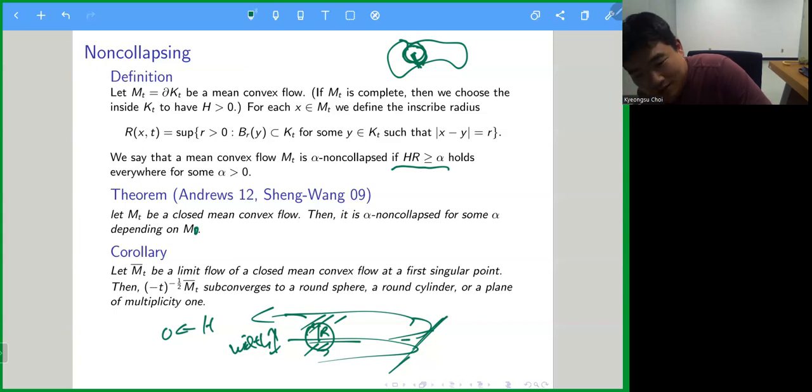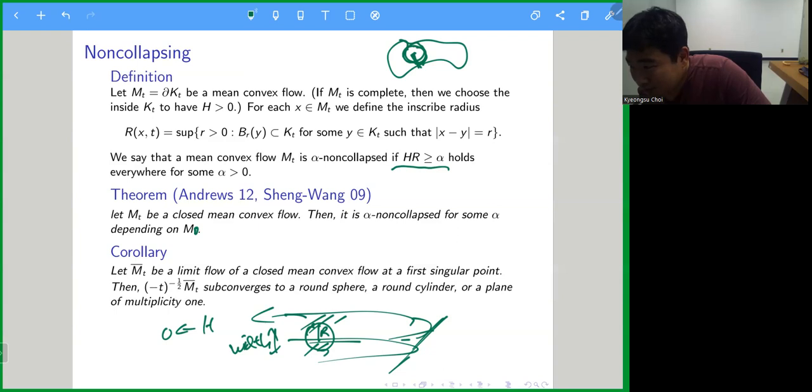And actually, alpha non-collapsing is a similar concept to kappa non-collapsing of the Ricci flow. There is some analog in 3D Ricci flow. There is a so-called Sigar soliton of 2D Ricci flow, which is an analog to the 1D Grim Reaper.